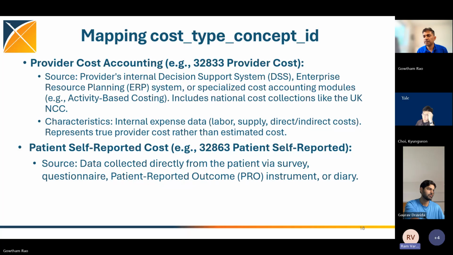I just wanted to mention, Gautam, I don't think, at least I could be wrong, patient self-reported costs doesn't usually come up too often from a claims perspective. No, that self-reported would come from like surveys or something of that sort. You're right.